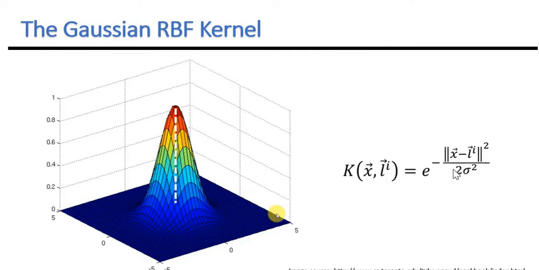Okay? And then in the denominator, we have the gamma or the sigma. We're going to explain this value, and you're going to know its effect in upcoming slides. However, what you need to know about it thus far is that it is responsible for whether this curve is going to be steep and high or whether it's going to be low.